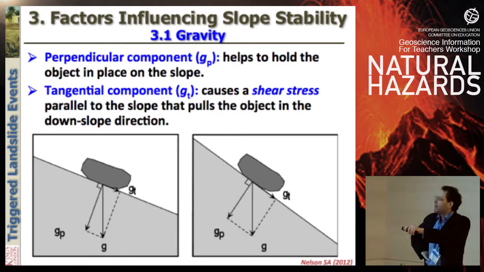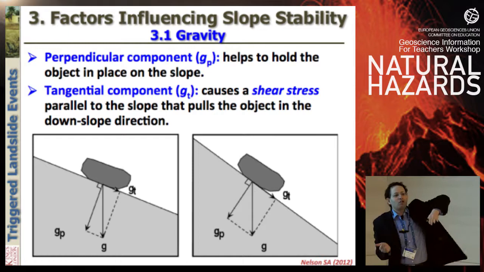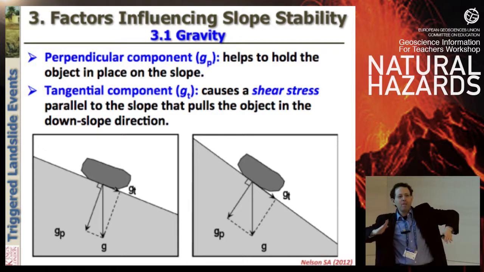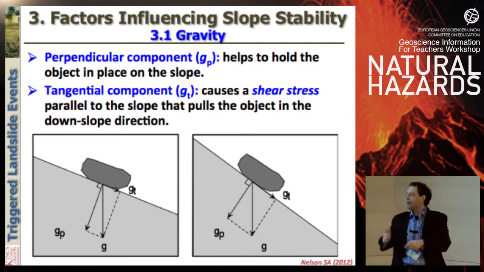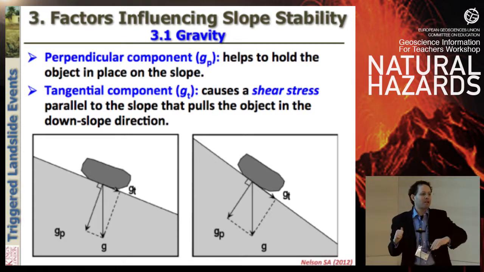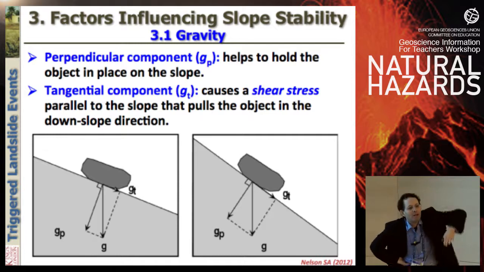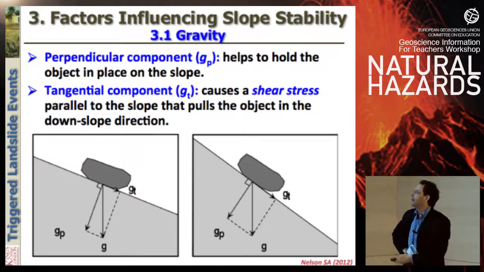So we can break this down into the perpendicular force of gravity and the tangential part. The perpendicular part is going to hold it in place. The tangential part is going to work against the force of friction. And as this gets steeper, the tangential part is going to overcome the perpendicular part and the rock will move here.